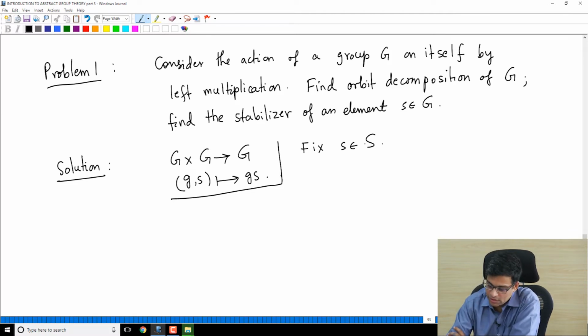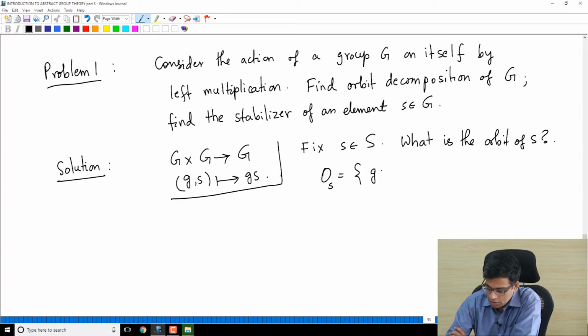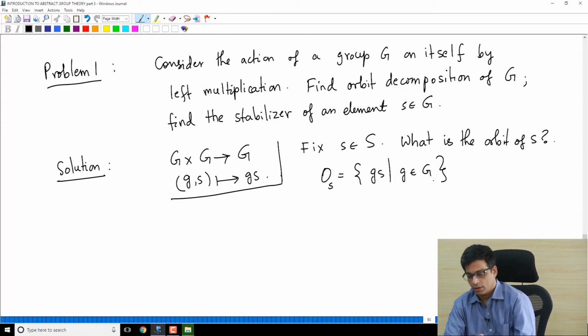So let's take S in G. What is the orbit of S? So the orbit of S is GS, by definition the set of elements GS as G varies in G.